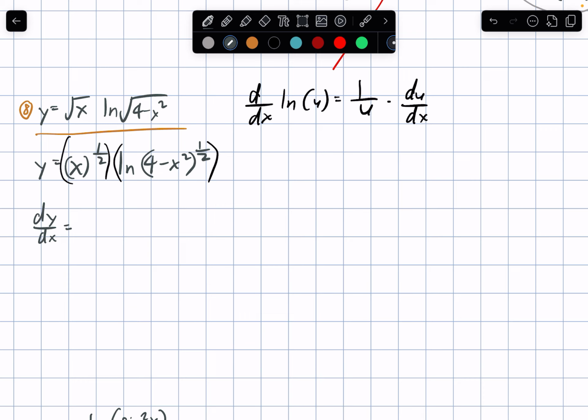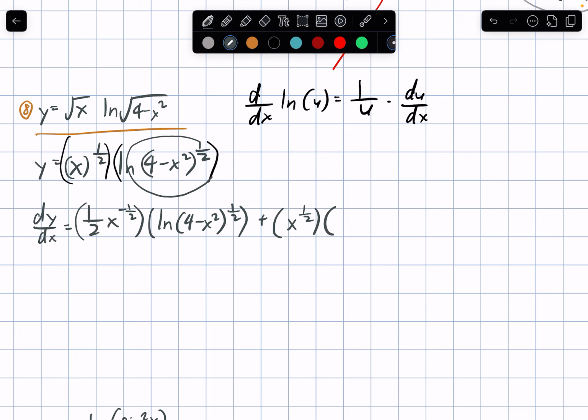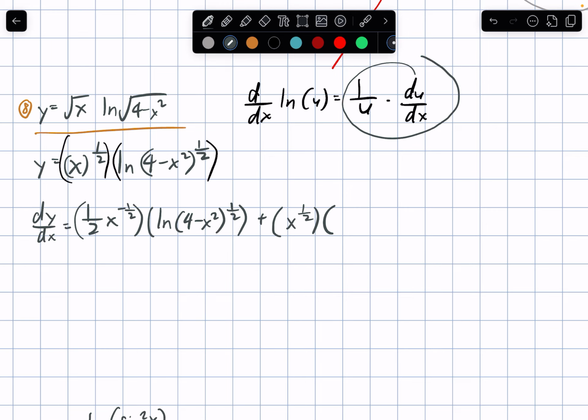So what's the derivative of this? That's going to be 1 over 2x raised to negative 1/2 times, we'll just copy, plus, and then just copy, times the derivative of, well, this one. So this is where we use the formula.